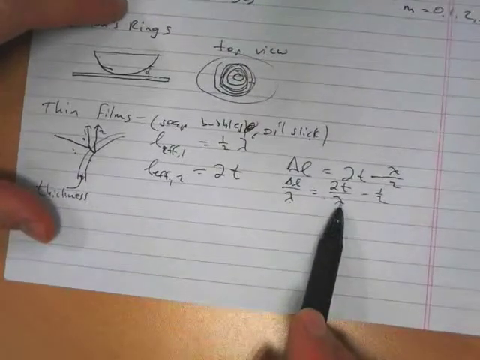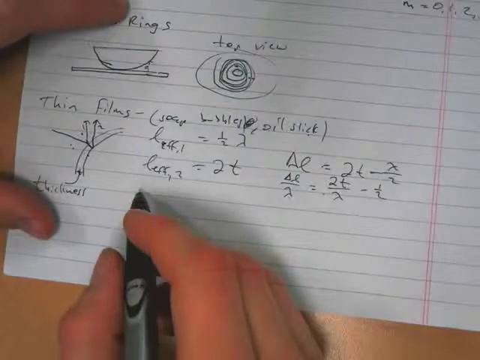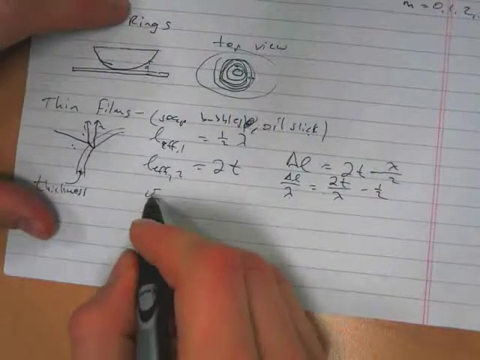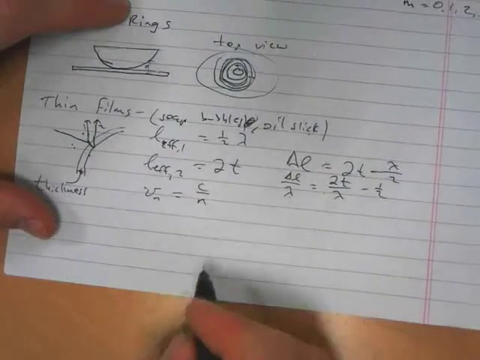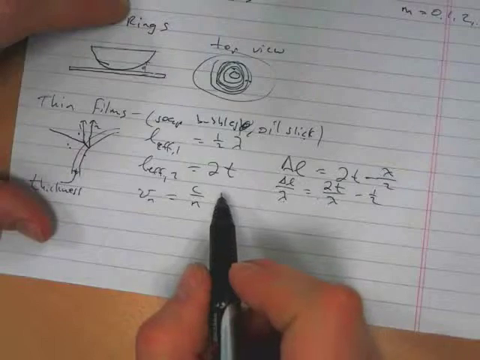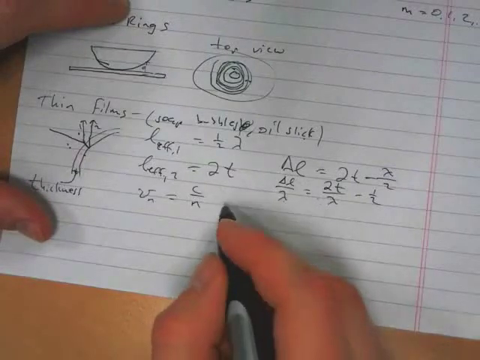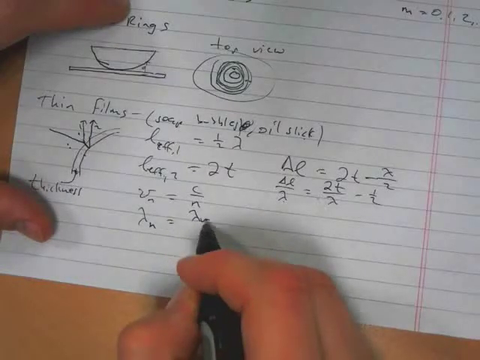So we know that the speed of a wave in some substance is equal to the speed of light over the index of refraction. And likewise, the frequency doesn't change, so the wavelength is the vacuum wavelength over n.